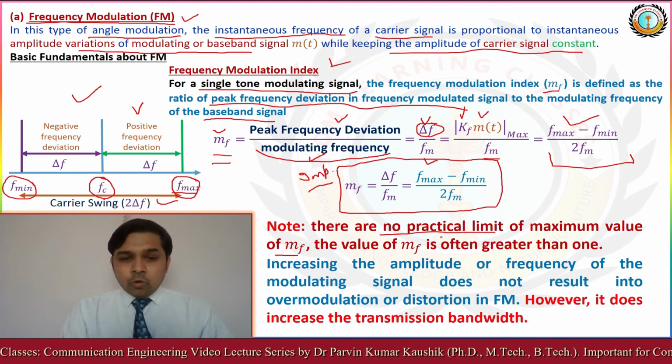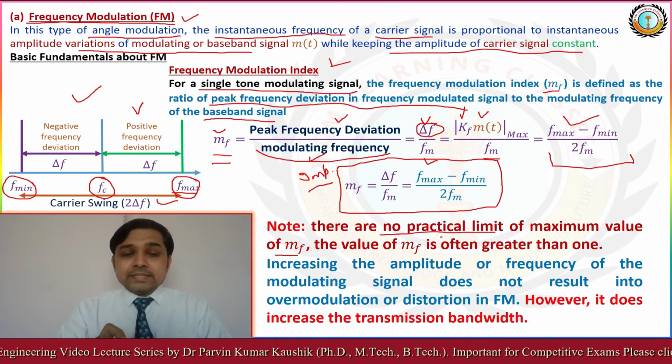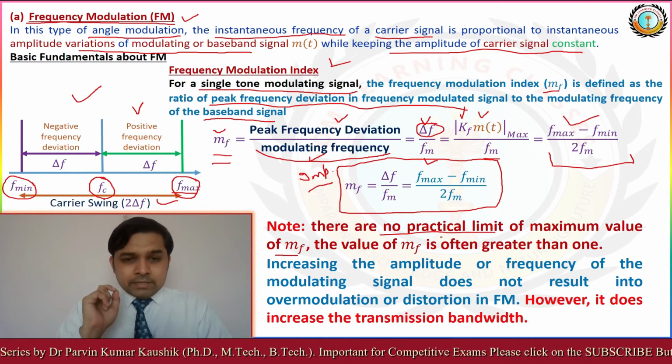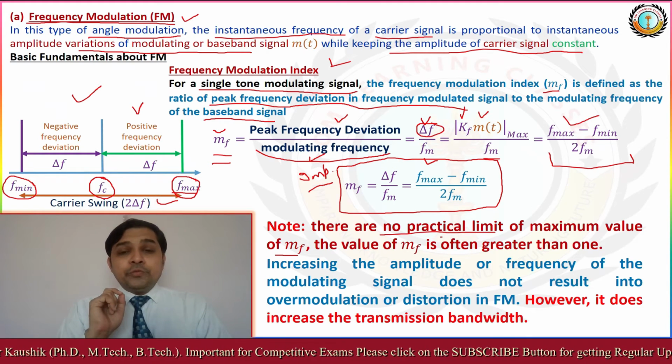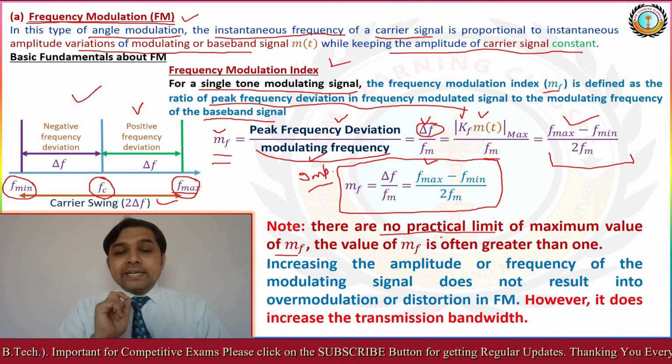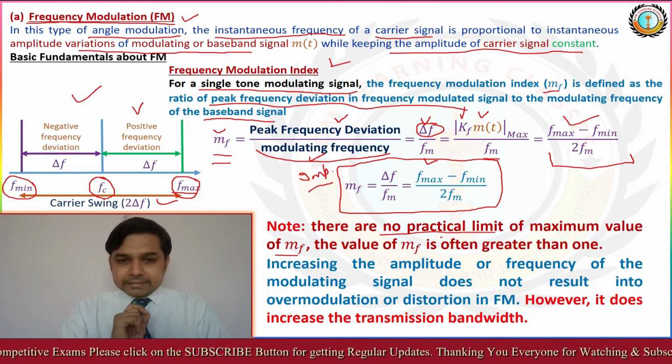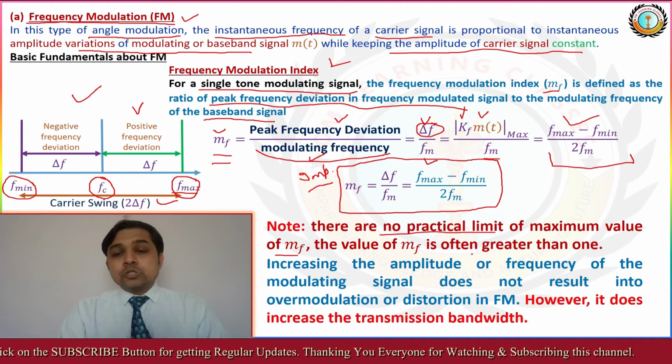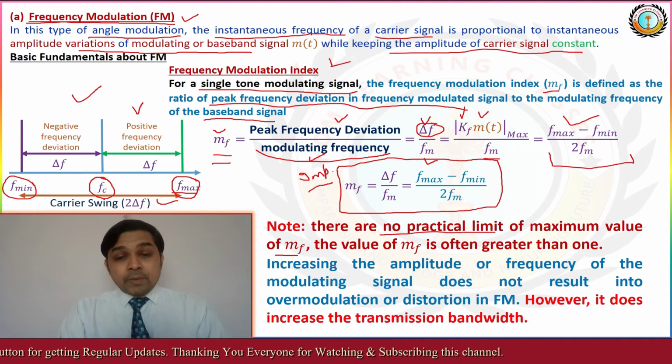In the over modulation case we can't utilize the envelope detector. So in amplitude modulation we have a practical limit of the modulation index, but in this case there is no practical limit on the maximum value of mf.